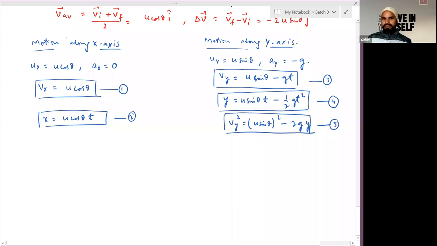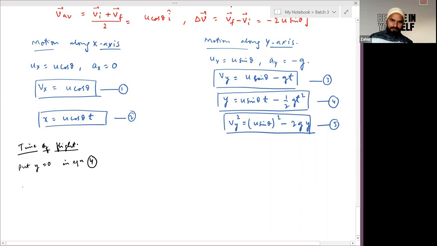Now, on the basis of these 5 equations, we have to find different terms related to this projection. First is time of flight. Total time taken by particle during its motion. So we put y equal to 0 in equation 4.